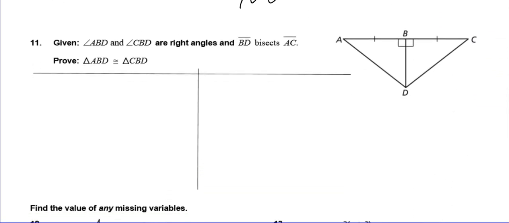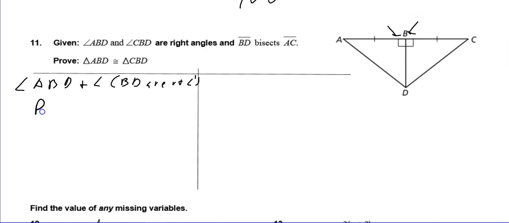All right, number 11, a proof. Very simple one. Okay, so we know that angle ABD and angle CBD are right angles. Okay, right here and right here.